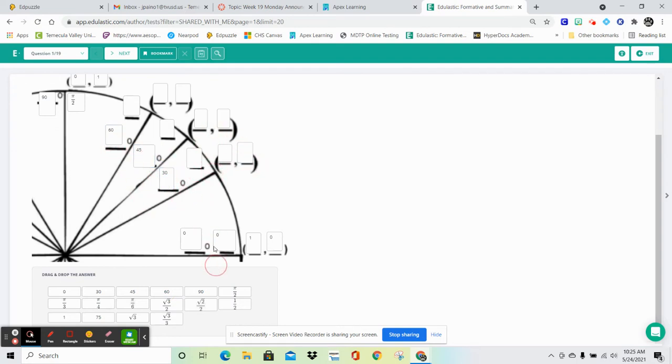Then our radians, remember it's 30 degrees times pi over 180. The math is always degrees times pi over 180 to convert. If you reduce that fraction, that's pi over 6.